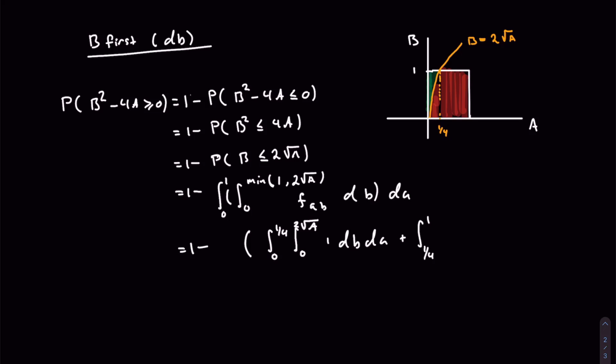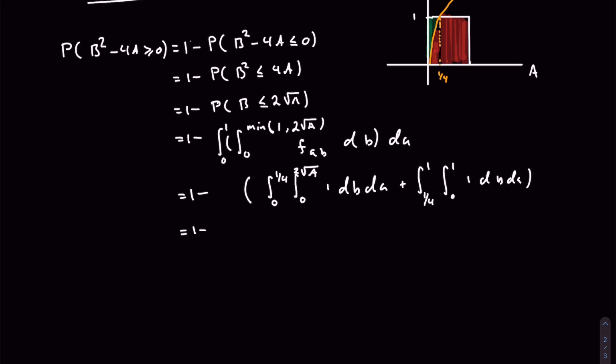And that we can write as 0 to 1, because we are in the region of the b direction here. So we have a square. So this will be fairly straightforward. 1 db da.